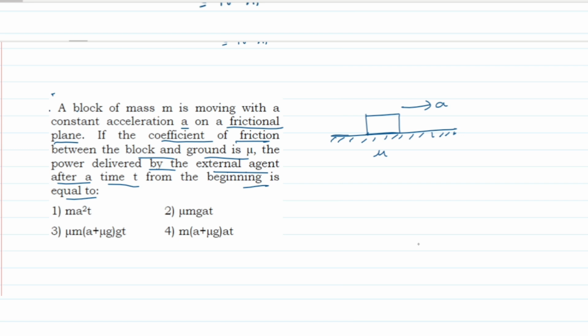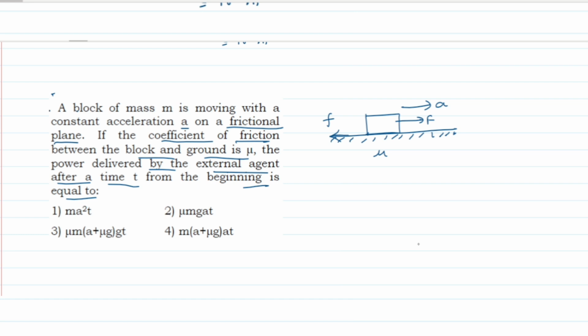So here it's moving with constant acceleration. The external force is going to be acting along this direction, and the frictional force is going to be acting opposite to the motion of the body. Then the net force, when the coefficient of friction between the block and ground is mu, the power delivered by the external agent, this is the external force.